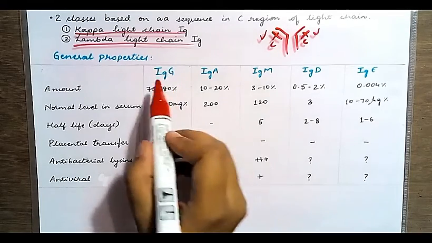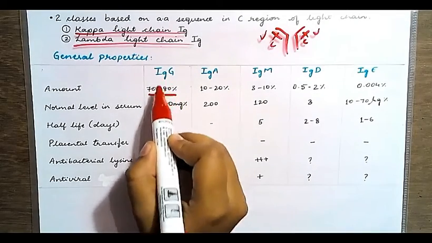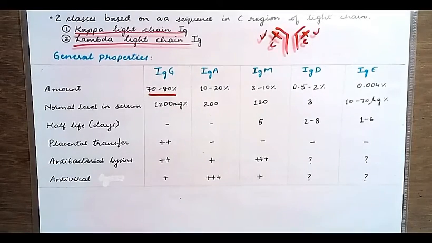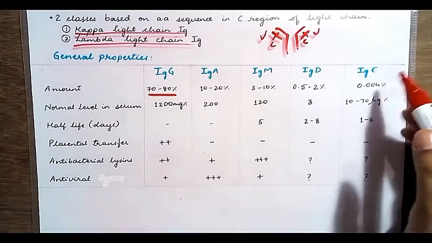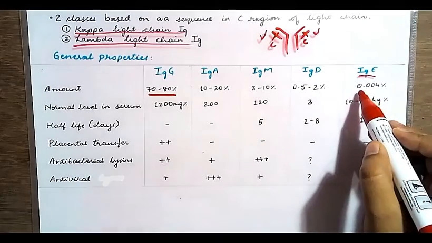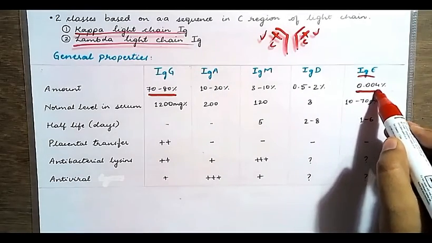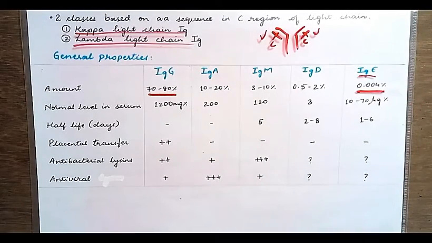IgG forms a major bulk of the immunoglobulins present in our body, that is about 70 to 80%, whereas IgE forms only about 0.004% in our body.